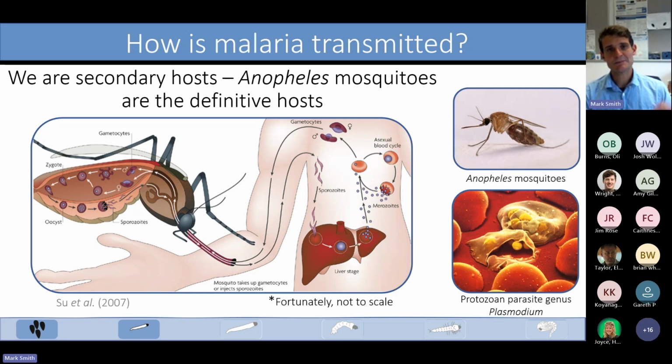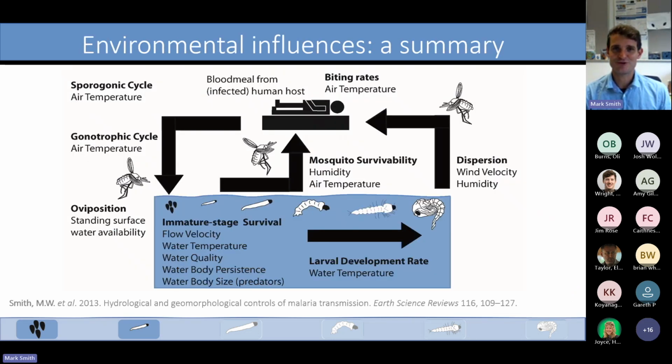So let's take a puddle-centric view of how malaria is transmitted. So really focusing down on these environmental influences, and this has developed from a review paper that we did in about 2013, looking at these factors. So what you will see on this summary diagram quite a number of times is air temperature.